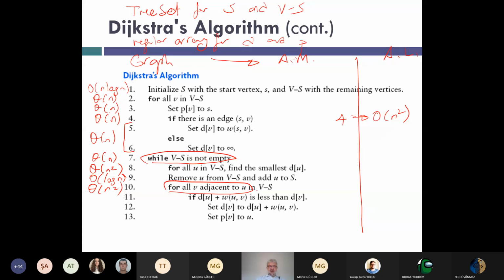Actually, we have to check whether it is in V minus S or not as well, and the contains operation in TreeSet takes logarithmic time.